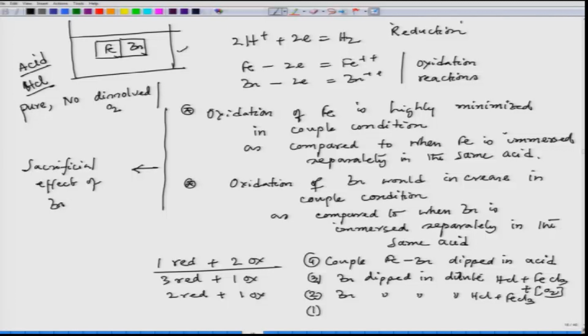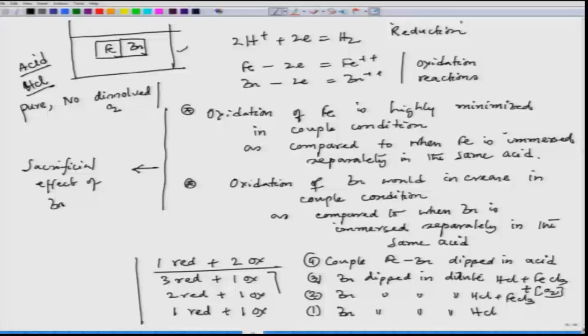And finally, in the first case, zinc dipped in dilute HCl, we have 1 reduction and 1 ox. So, like that there could be a number of oxidation reactions and a number of reduction reactions in a particular cell, but finally, we have to make sure that the rate of total reduction is equal to the rate of total oxidation, because the total rate of reduction and total rate of oxidation are the same in order to maintain charge conservation.